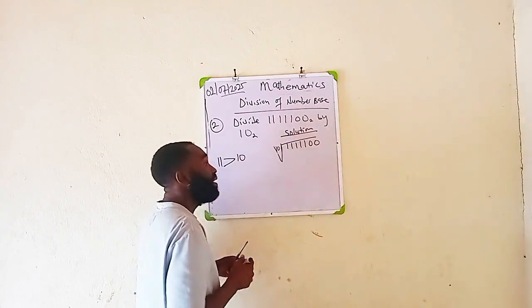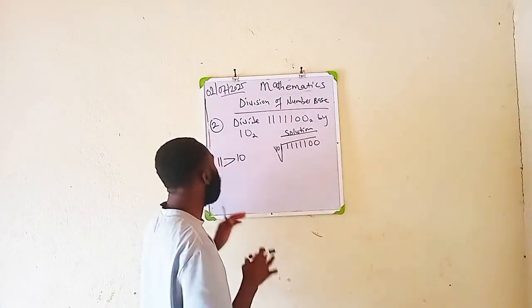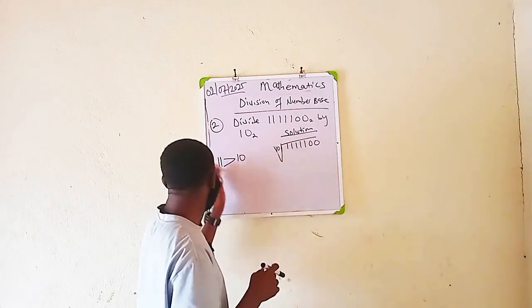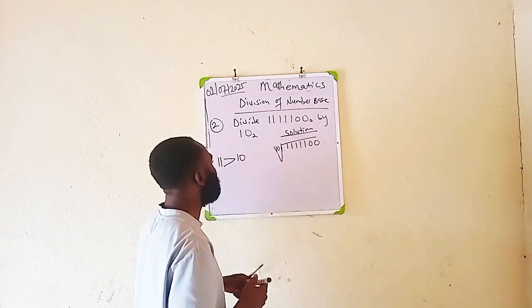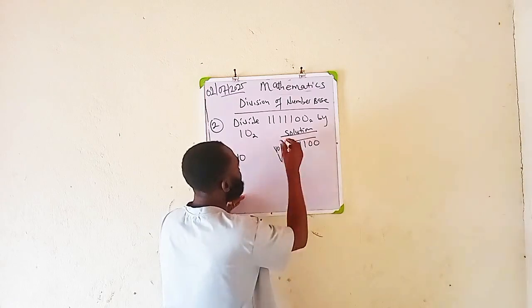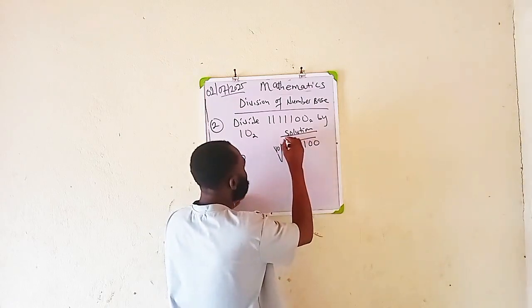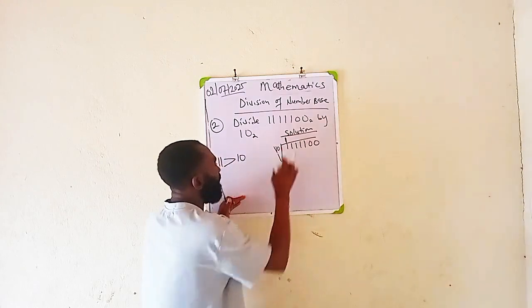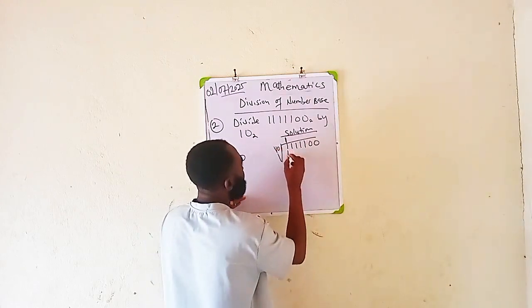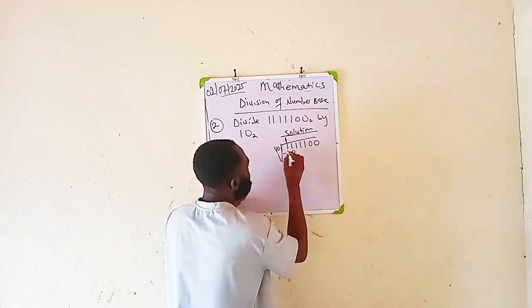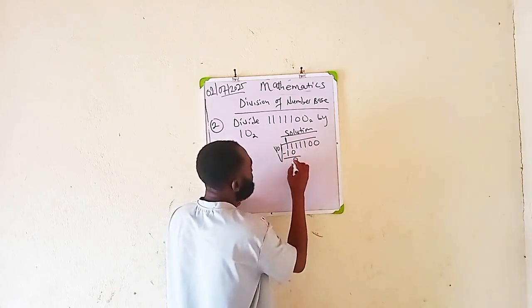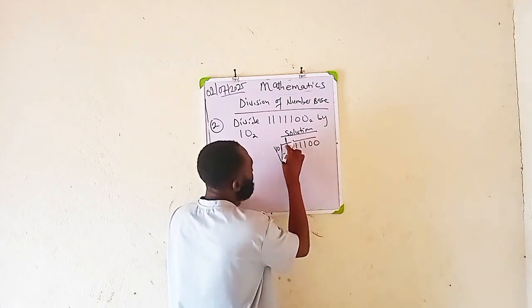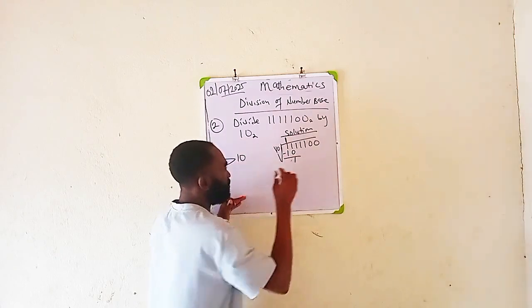But everything is in base 2, so we don't have to be calling it 11 and 10. It's 1 1 and 1 0. 1 1 is greater than 1 0. So when we divide, we are going to have 1, and 1 times 1 0 will give us 1 0. 1 minus 0 is 1. 1 minus 1 is 0.